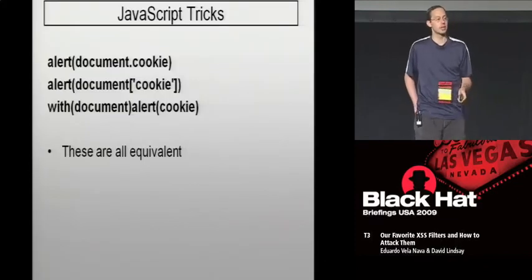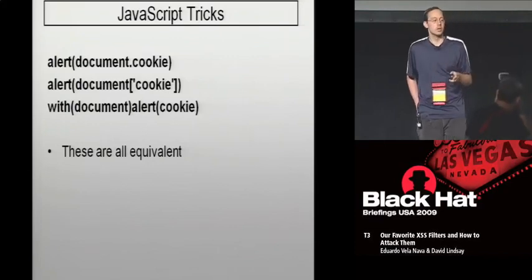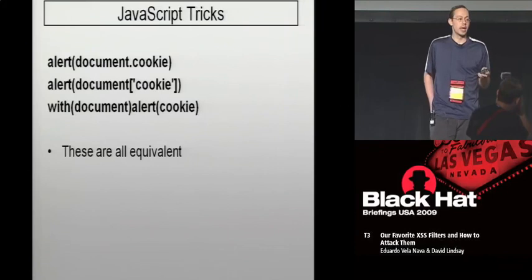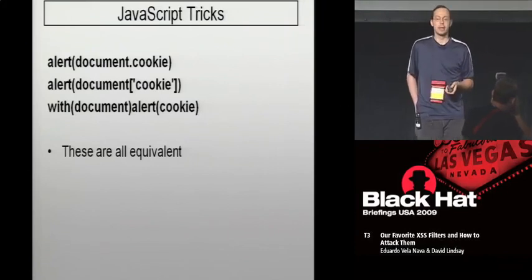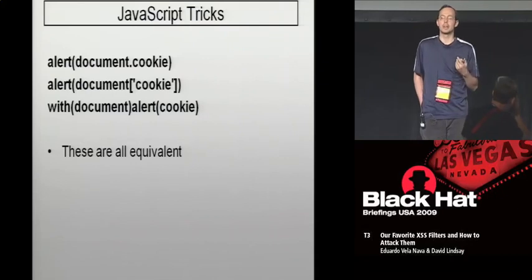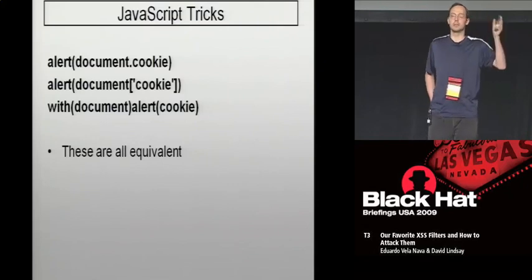Some tricks you can do are things like, instead of doing document.cookie, you can eliminate the dot and include it as a string using this alternate syntax. And it's really nice to be able to do things like this, because once you can put something in JavaScript inside a string, that allows you to morph it and manipulate it in countless different ways.